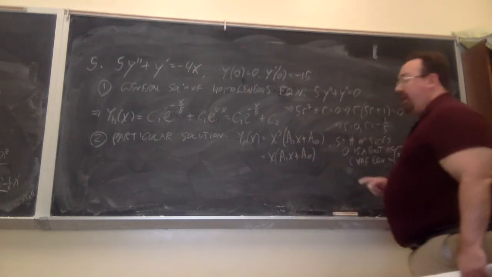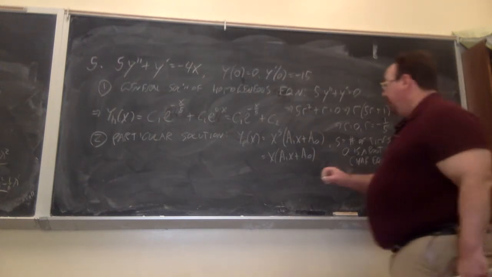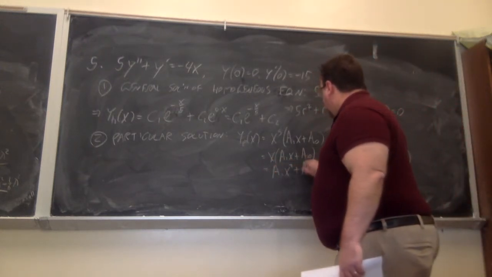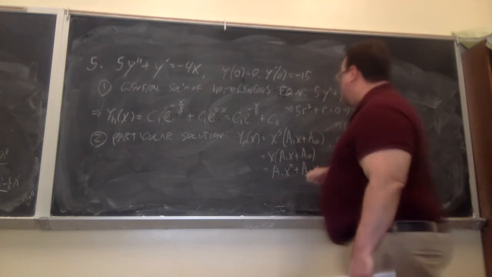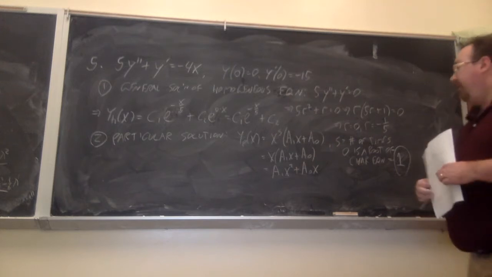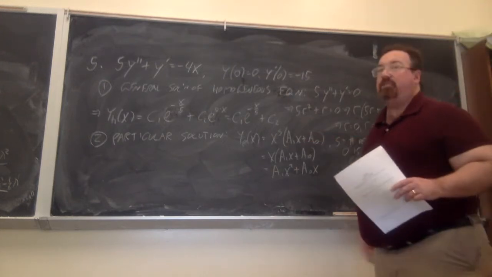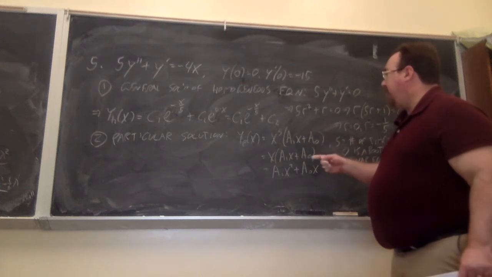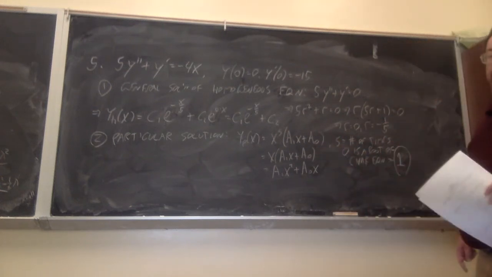And now we go ahead and distribute. So we have a1x squared plus a0x. So this is the form of your particular solution. It is a polynomial matching minus 4x, and we have to multiply by x because 0 is one of the roots. So don't forget to check for that.